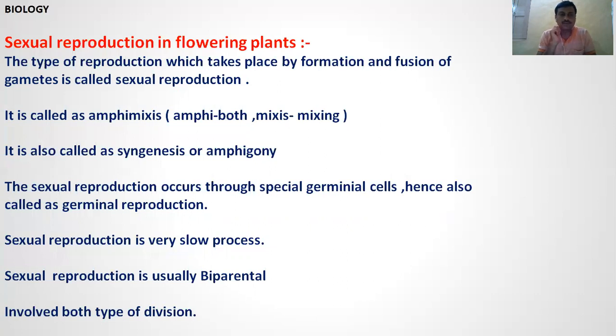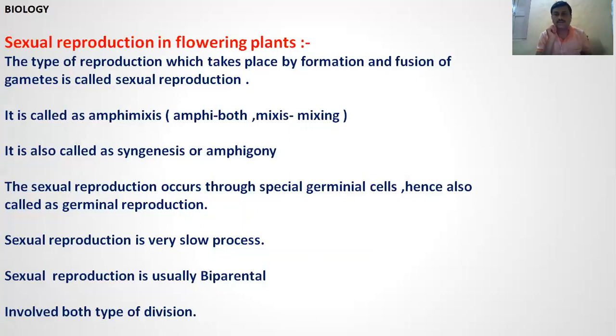The type of reproduction which takes place by formation and fusion of gametes is called sexual reproduction. It means the formation of gametes. The plants produce both gametes, male gametes and female gametes, and these gametes fuse with each other.